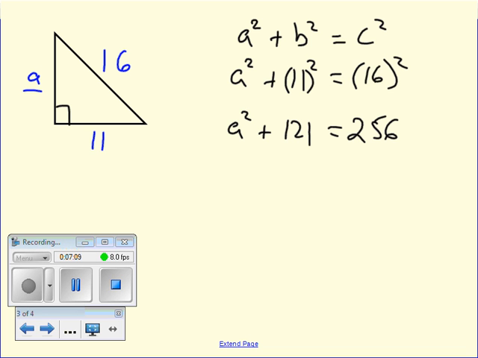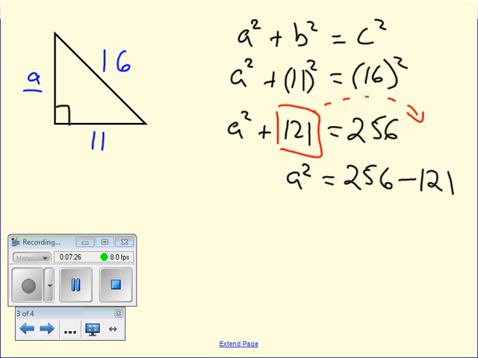Just like in algebra, I'm going to collect my like terms. I take my 121, move it over, and change the sign. So I'm left with A squared equal to 256 minus 121. So A squared is equal to 135.